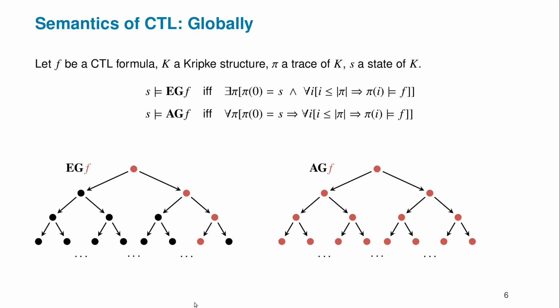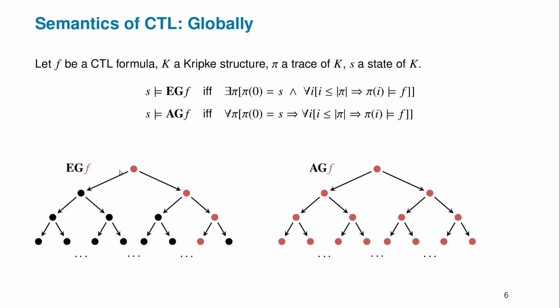Here we have the semantics of the globally operator together with path quantifiers. So EG F, exists globally F, holds in a state S if and only if there is a path that starts with S, and for all states on this path, it holds that F holds.